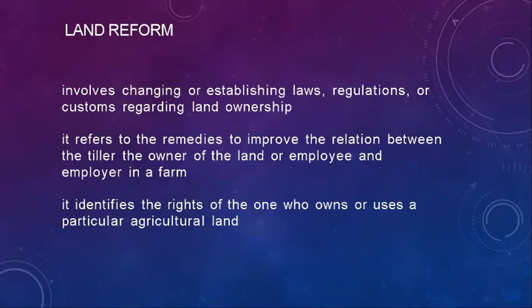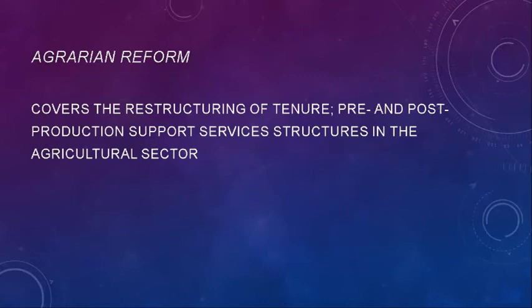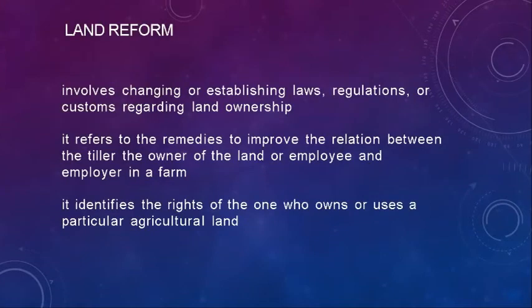So let us differentiate the meaning of land reform and agrarian reform, which are often used interchangeably. So what is land reform? Land reform involves changing or establishing laws, regulations, or customs regarding land ownership. It also refers to the remedies to improve the relation between the tiller and the owner of the land, or employee and employer in a farm.